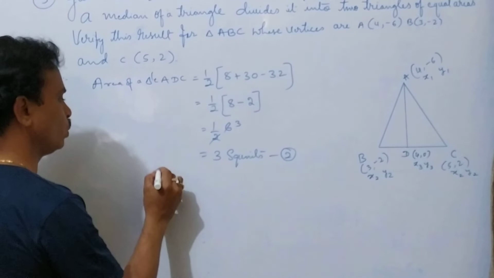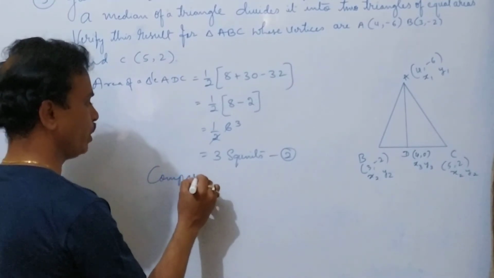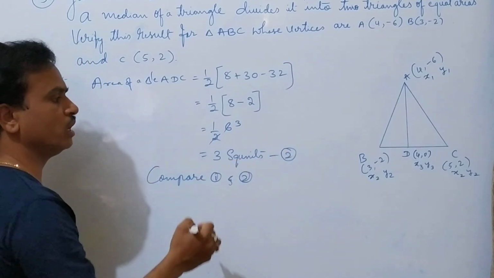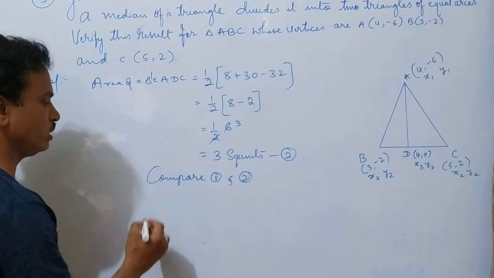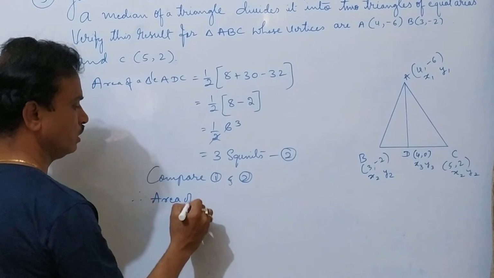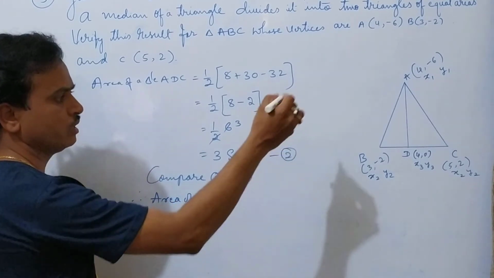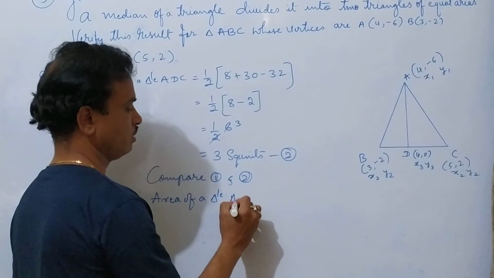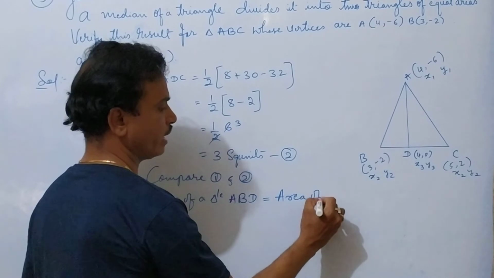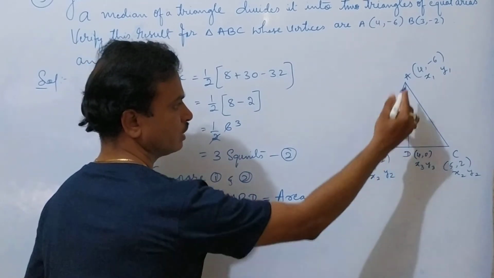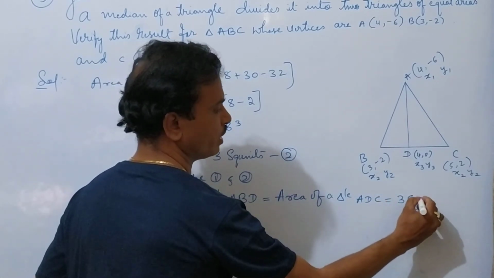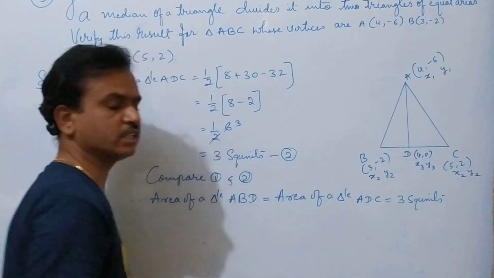Now compare 1 and 2. We got the same, 3 square units, and that also we got 3 square units. Therefore, area of triangle ABD is equal to area of triangle ADC, equal to 3 square units.